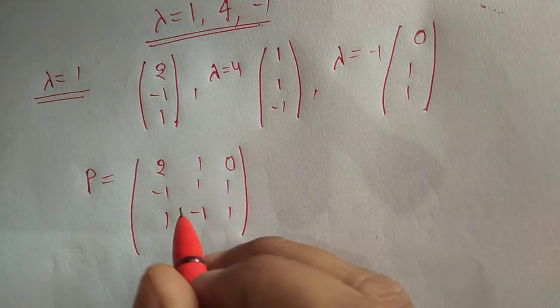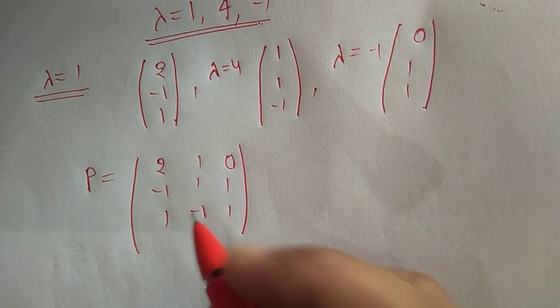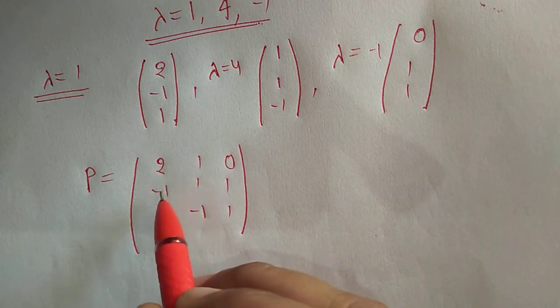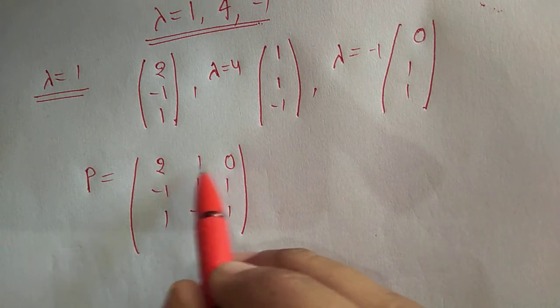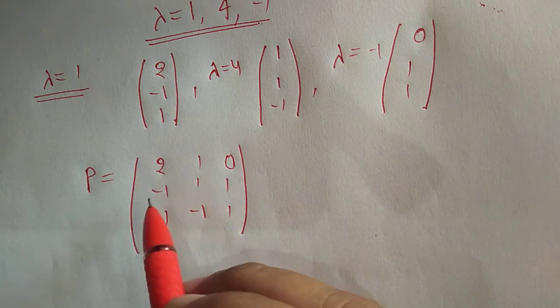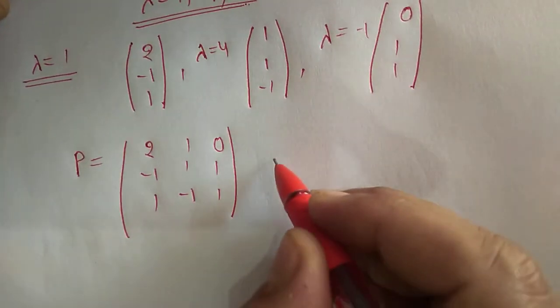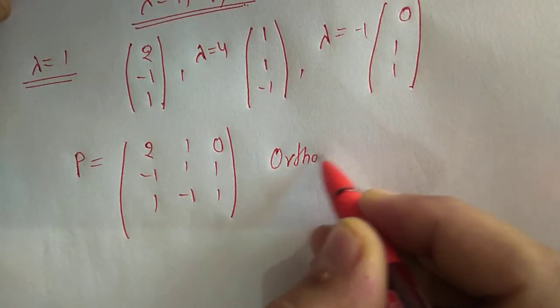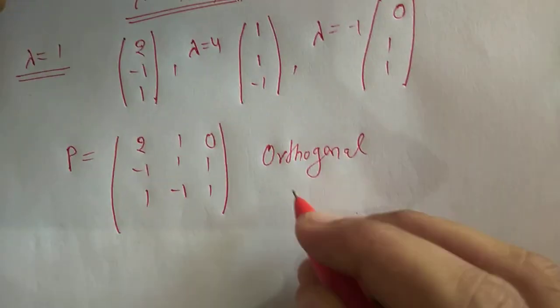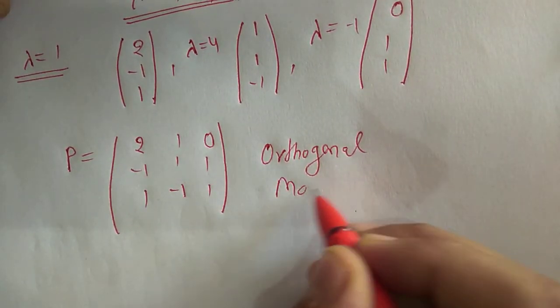We can verify here that the dot product of two vectors will be 0. So 2 minus 1 minus 1 gives 0, 0 1 minus 1 gives 0, 0 minus 1 1 gives 0. So this will be the orthogonal matrix. So this is called the orthogonal model matrix.